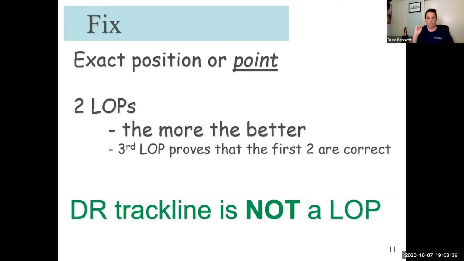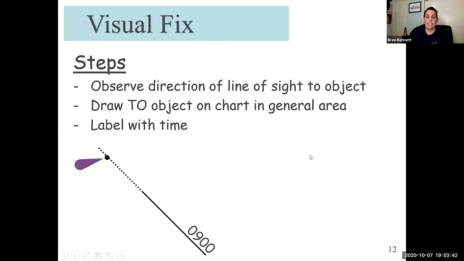So we need 2 LOPs at least. Because the track line is just a dream. Like, this is where we're hoping to go. Correct. Right.